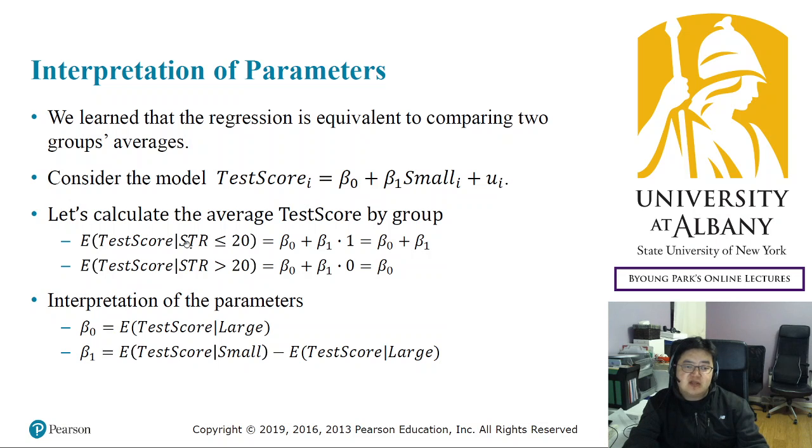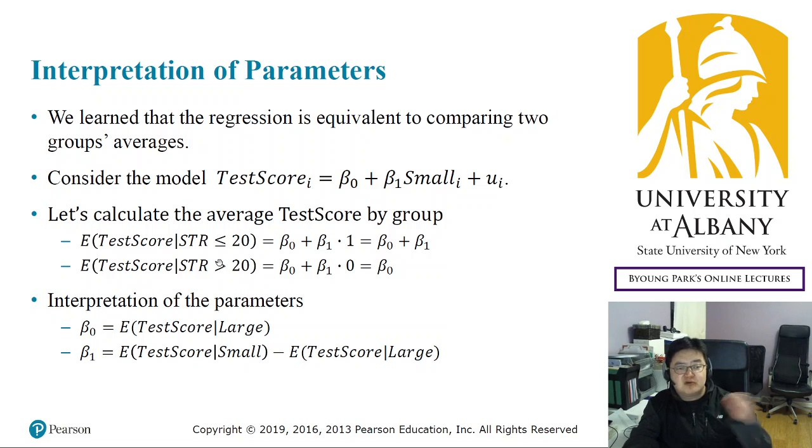Every school district that satisfies this condition will have small equals 1. So beta 0 plus beta 1 times 1. Small equals 1, so this is the conditional expectation given this condition: beta 0 plus beta 1.